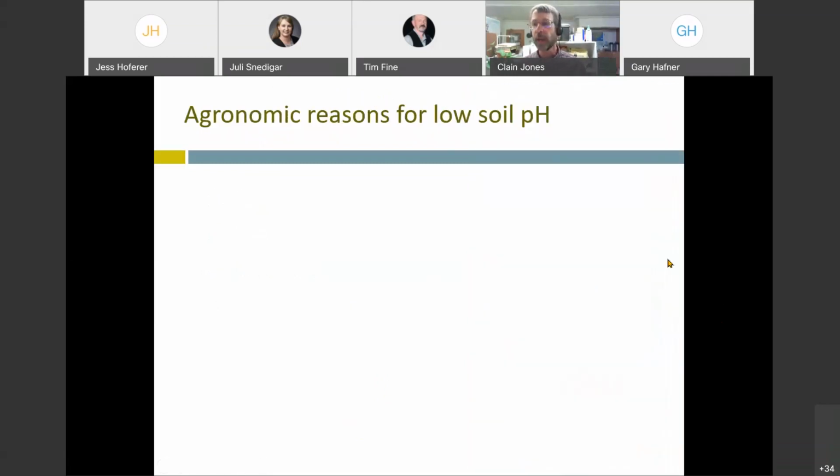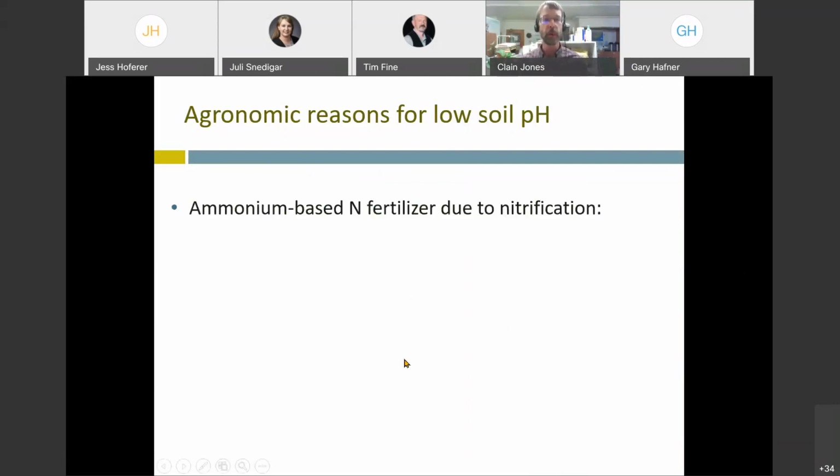So what are some agronomic reasons for low soil pH? One would be ammonium-based nitrogen fertilizer due to nitrification. That process is caused by ammonium or urea fertilizer mixing with air and water to form nitrate and acid.